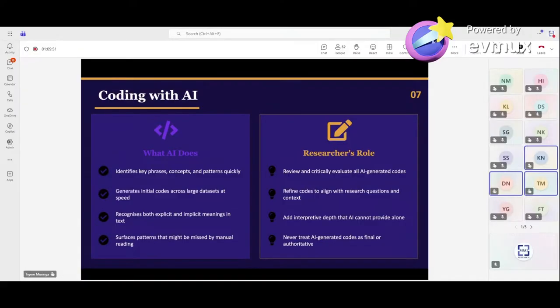And the researcher's role, this is what I always emphasize, is slowly being transformed, being changed, right? When we are talking about doing research in the age of AI, in the process of data analysis, when you are employing the thematic analysis approach, the researcher's role has shifted drastically, and we need to appreciate that change and that shift.